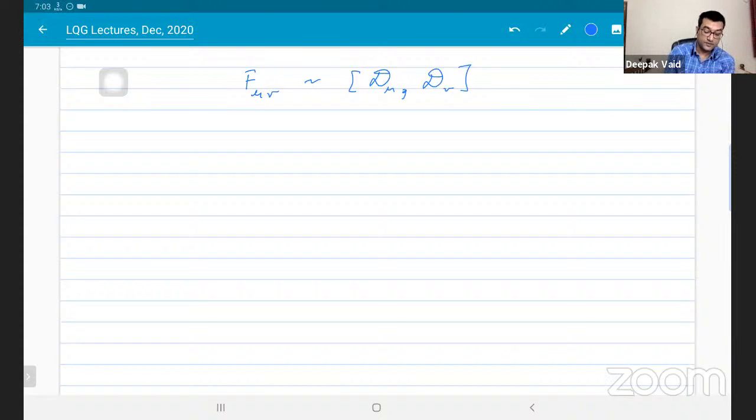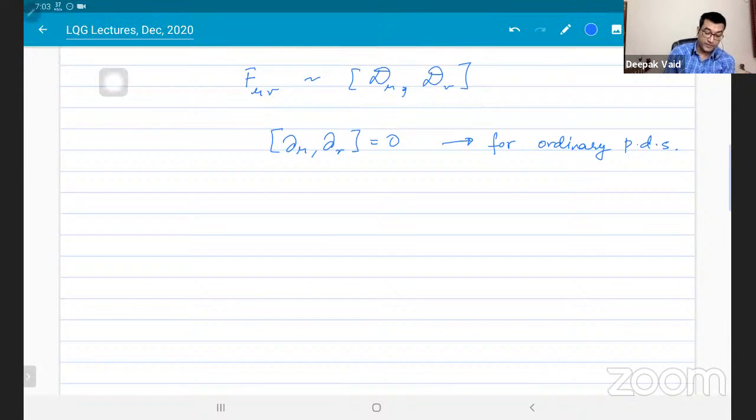Okay. Now what is this commutator going to look like? Let's see. If you were to write down the commutator of the partial derivatives, remember, this would be 0, right? Because ordinary partial derivatives commute.